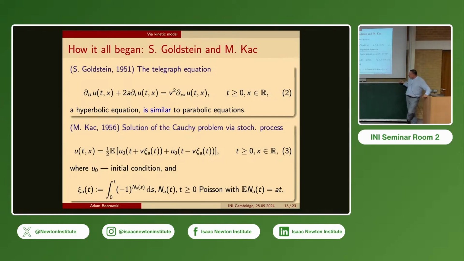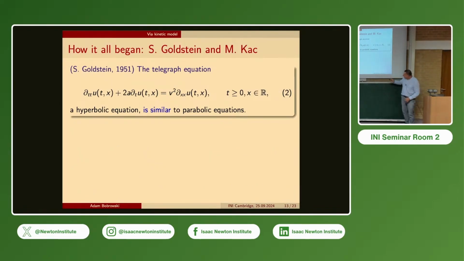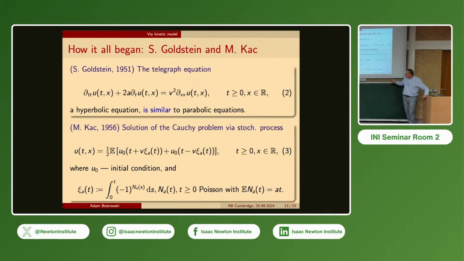If a is 0, psi_a of t is t, so you have a solution to the wave equation. So the wave equation is for a equals 0. And then we have a kind of forcing term, hidden in this stochastic process, where you can think of particles bouncing from something at random times.